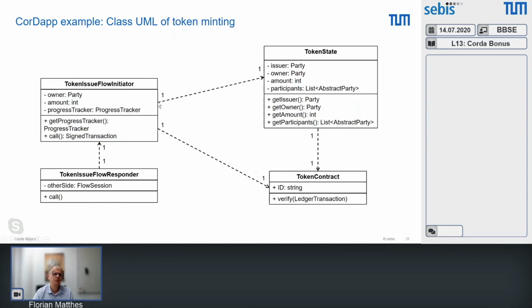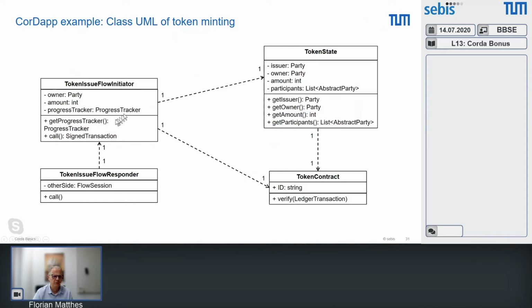And the flow should be parameterized, so it should say who's the owner and what amount should be initiated. Then we need to define a progress tracker, an object of type progress tracker, which informs about the progression of this flow: initiated, suspended, restarted, etc. That's a way that you can observe the flow as it evolves.